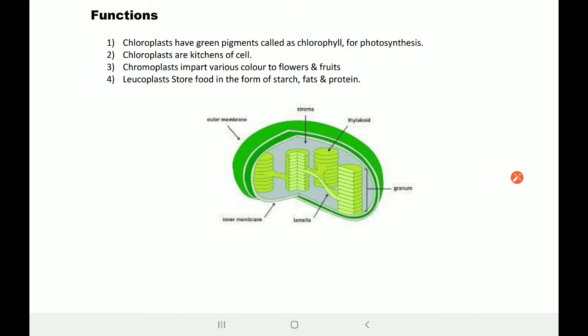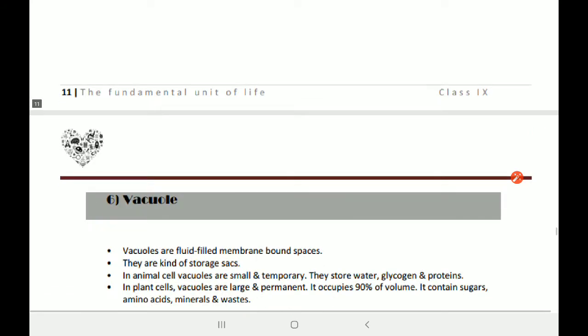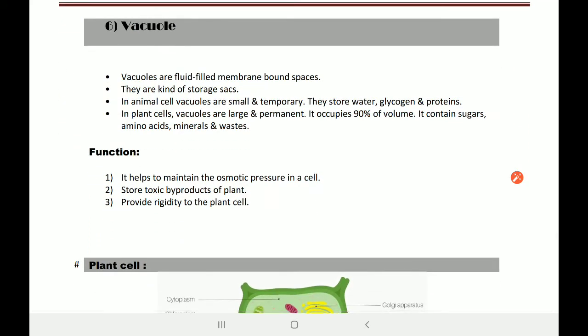And leucoplast stores the food in the form of starch, or maybe in the form of fat, or maybe in the form of protein. So there are three types of plastid as we see. Chloroplast, basically the kitchen of a cell. Chromoplast, which is responsible for giving color to the flowers and fruit. And leucoplast is responsible for storing of the food. Okay, so you got it, what plastid is.